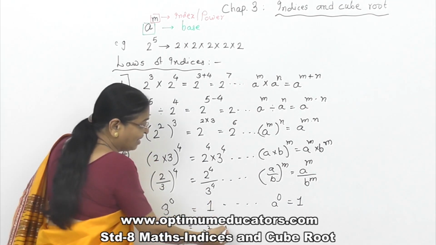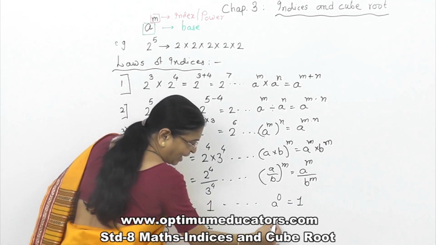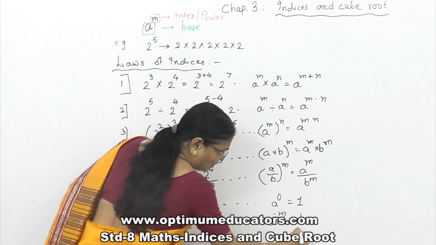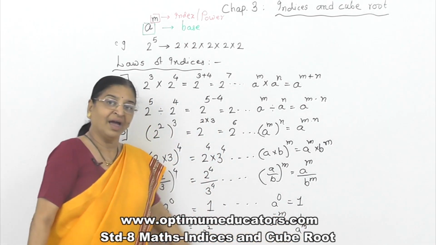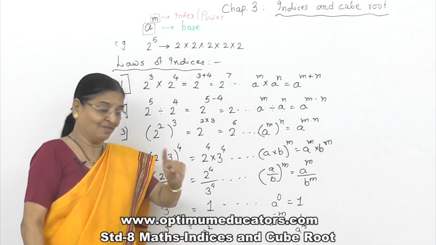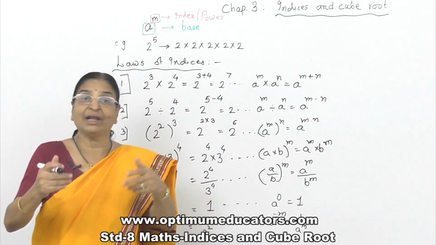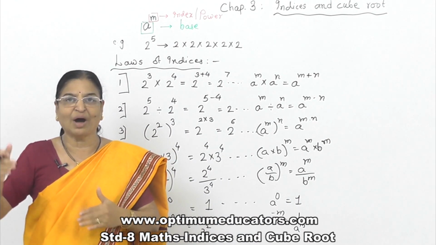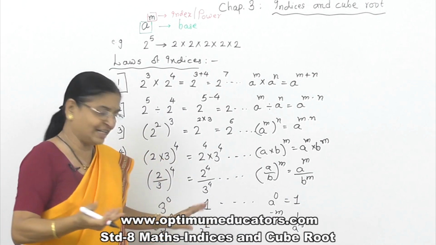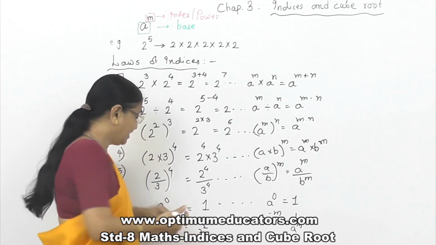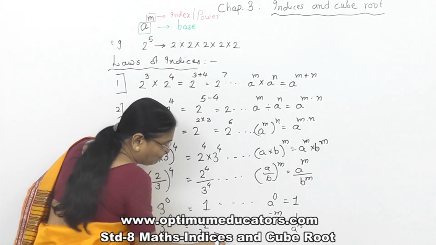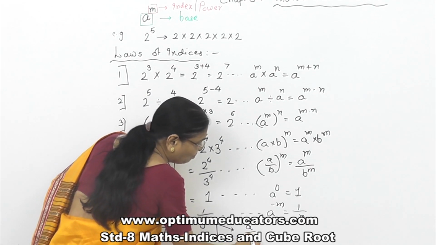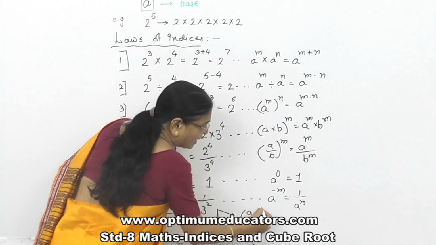Okay. Here I can again write this law as a raised to minus m is equal to 1 upon a raised to m. And if it is the opposite, then what it will be? 1 upon a raised to minus 2, change it, a raised to 2 upon 1. So it is that simple. This is applicable again in one place, that is when (a upon b) raised to minus m.